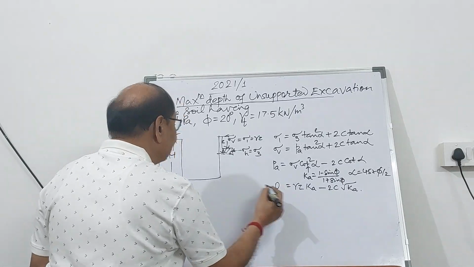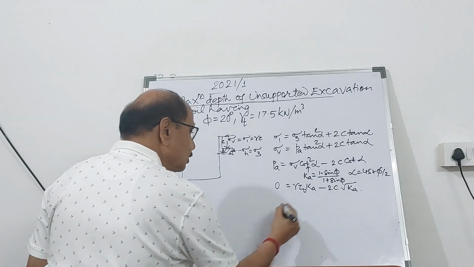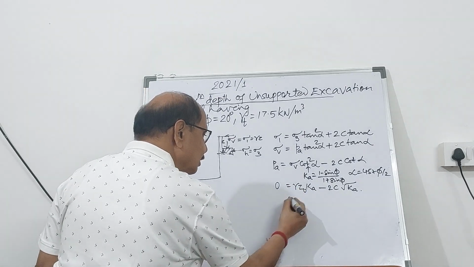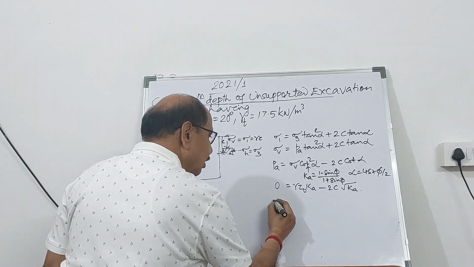And PA will be 0 at a certain depth, let's say at z0. So at z0, it becomes 0. What is the value of z0? You can find it out.